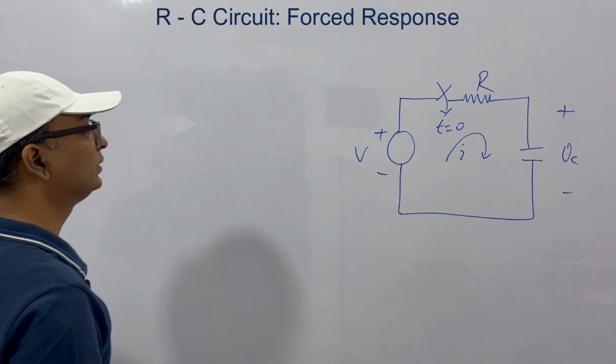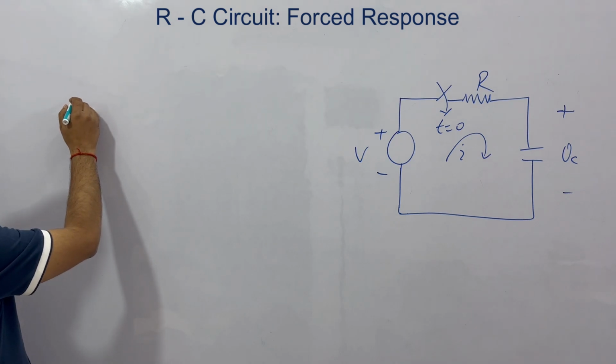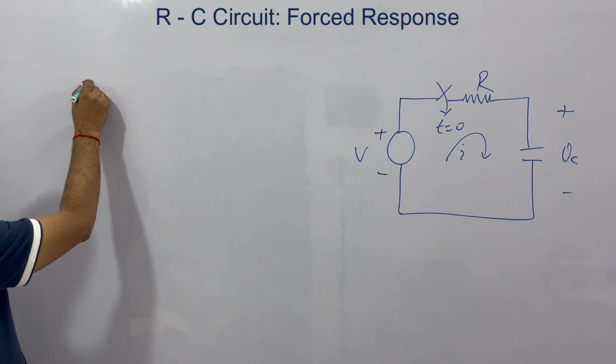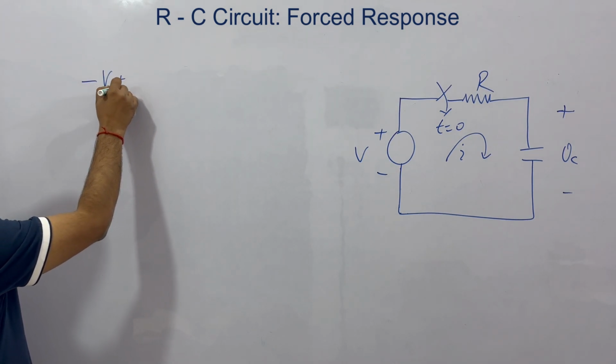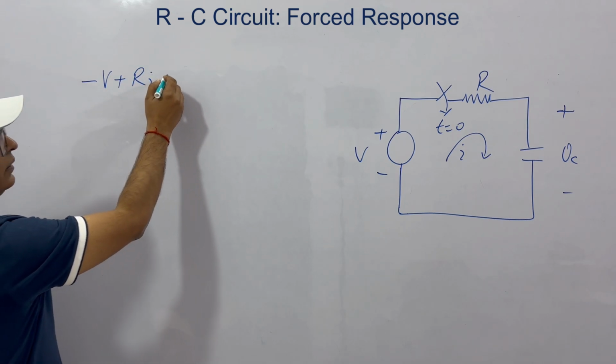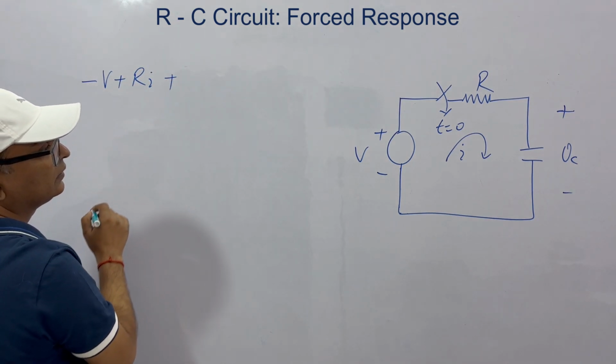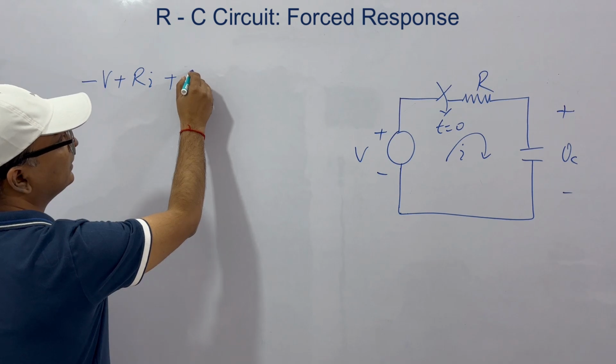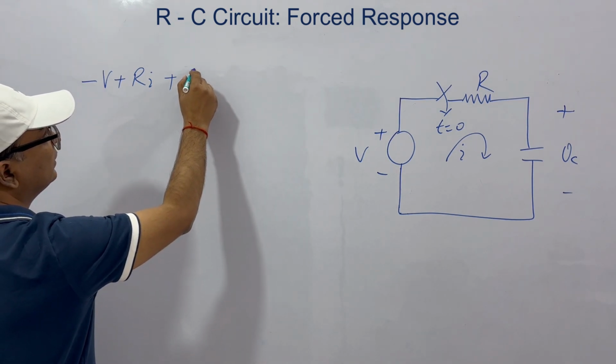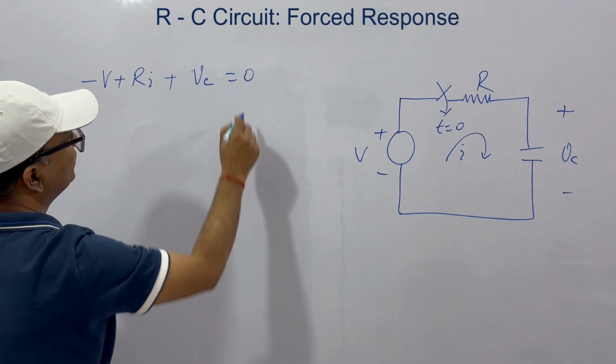Okay, so the equation will be: minus V plus RI plus VC equal to 0.